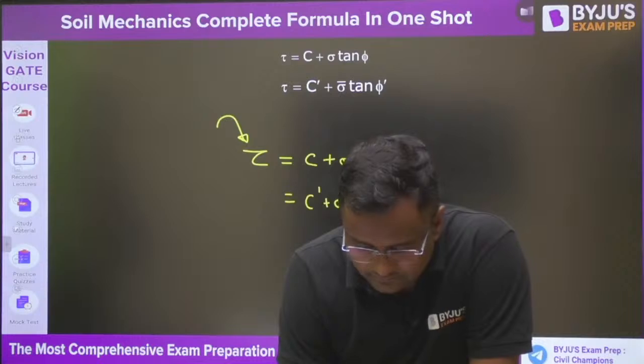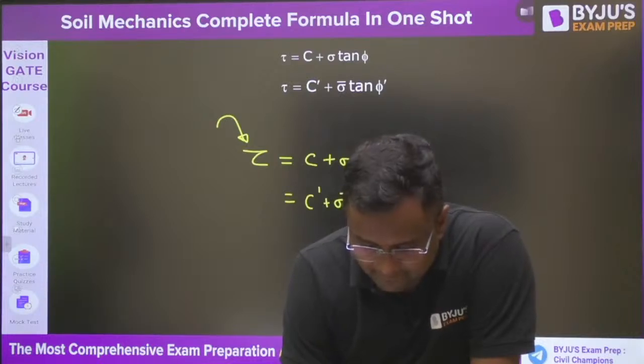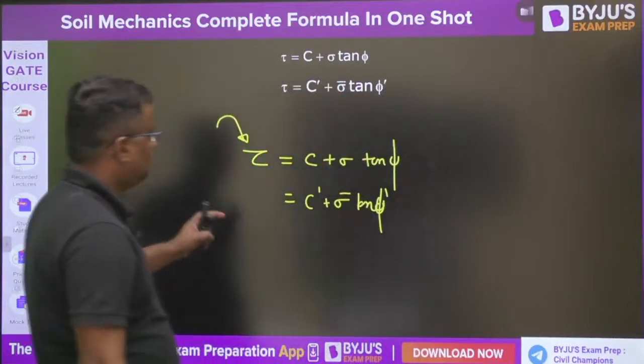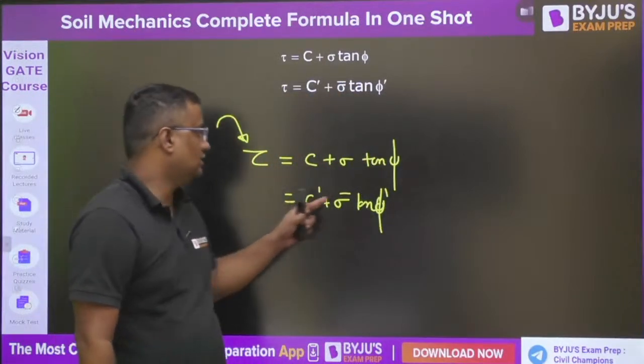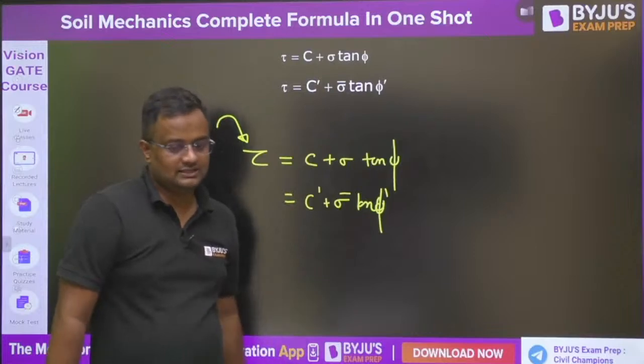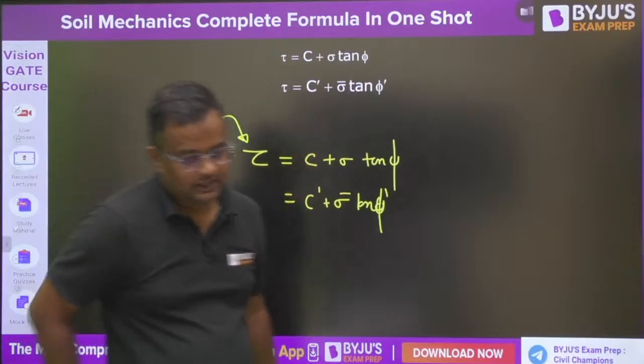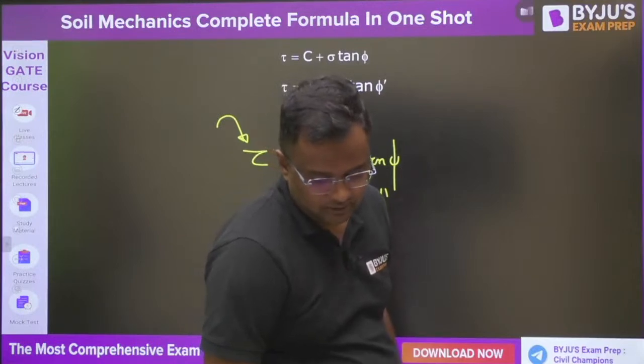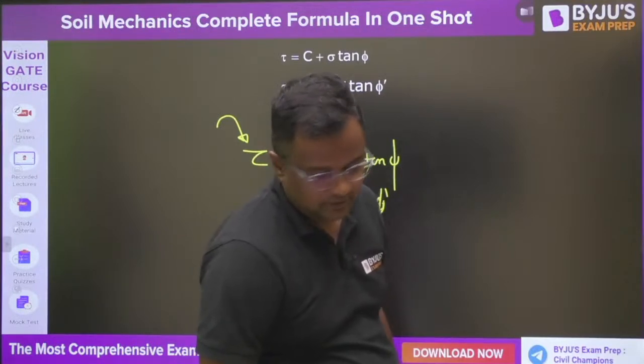Yes or no? Everybody got it? Okay, so if while testing we are working on effective stress, then we get C dash and phi dash. Everybody got it? Now moving further from here.